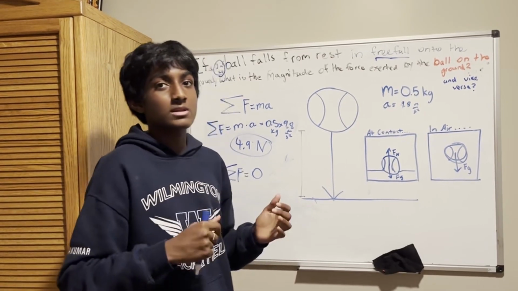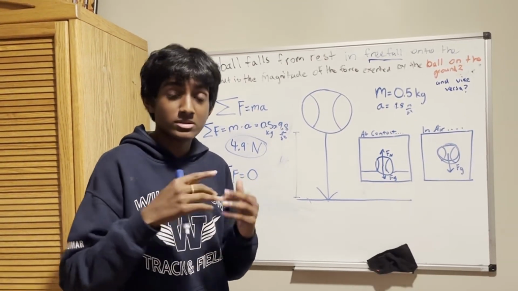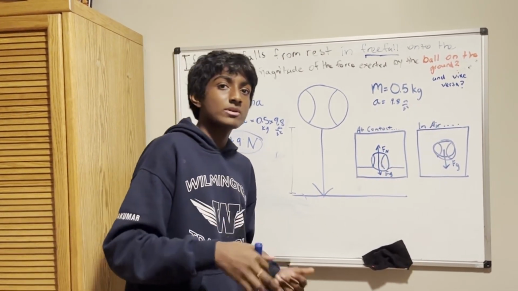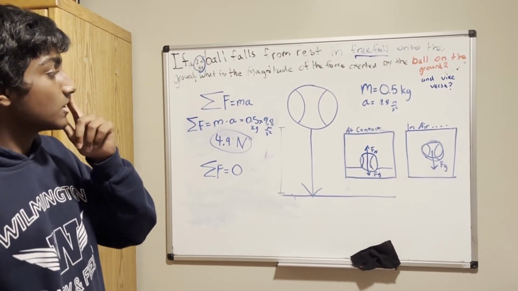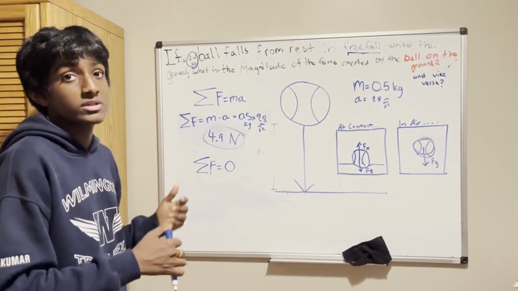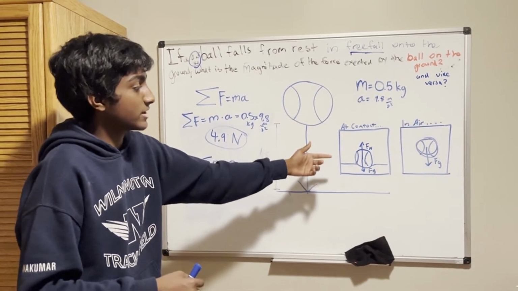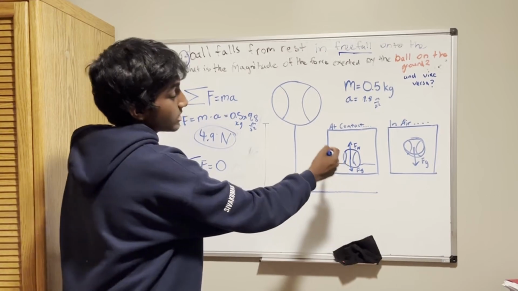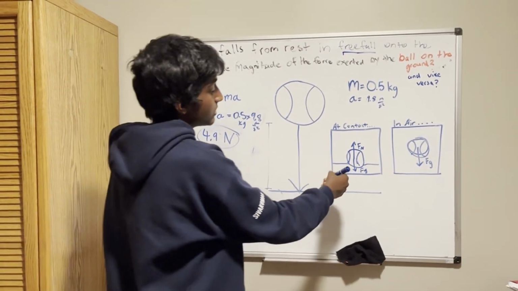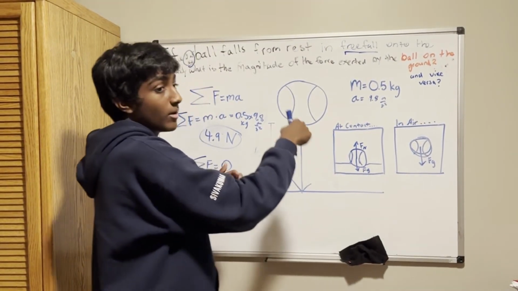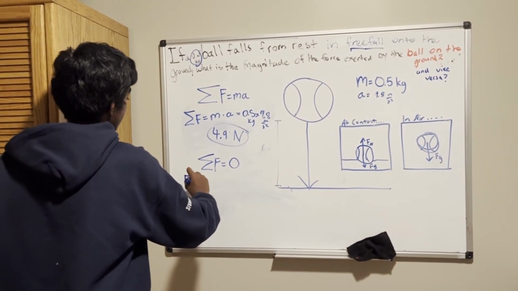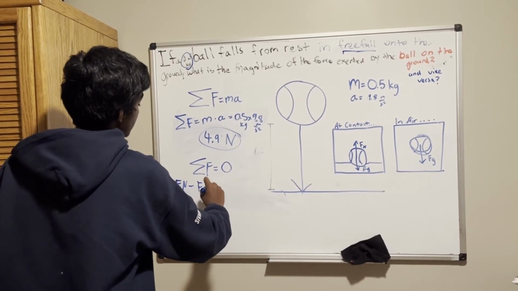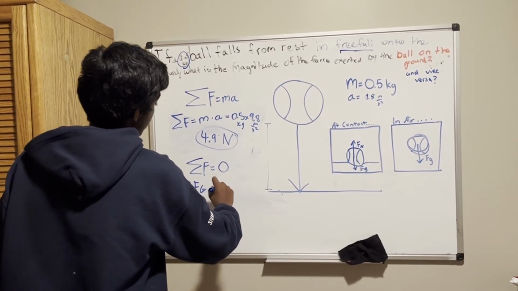But now you may be thinking, what about the force the ground exerts on the ball? Well, we can figure this out using Newton's third law. With the third law, we know that the net force is zero, as you can see in this diagram, as the normal force is a reactionary force to the gravity, the ball landing on the ground. So we know Fn minus Fg equals 0.